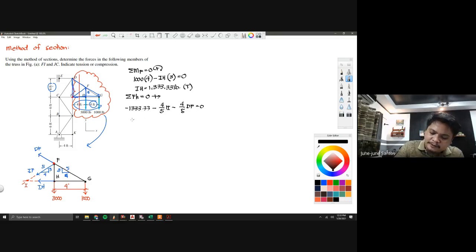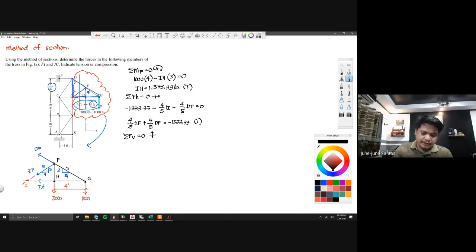So, 4 over 5 of IF plus 4 over 5 of DF, simplifying, equals to negative 1333.33. Equation 1.